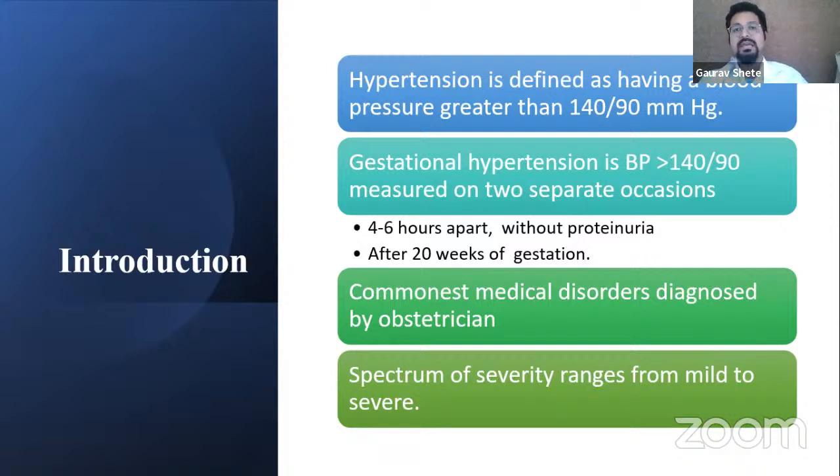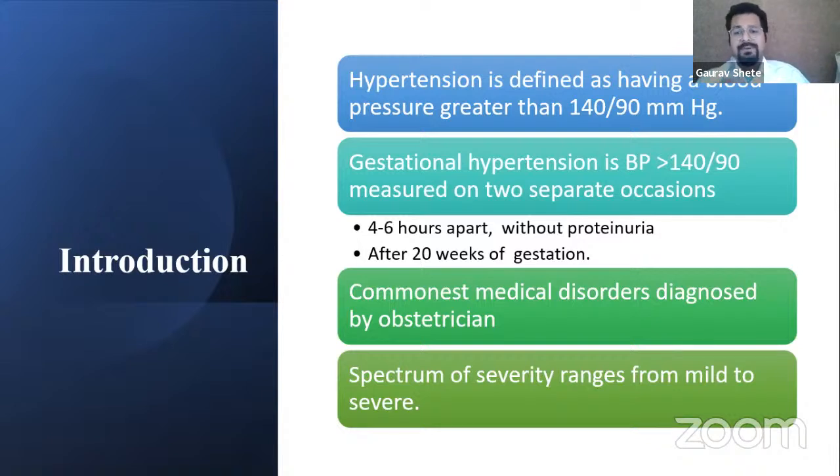We have to be very careful about the timing of delivery, or the complications that the raised BP might cause, because one of the severe complications is eclampsia, and eclampsia by itself means a bolt of lightning. It comes as a flash. It doesn't give you any warning. So if the BP in a pregnant lady is not well controlled, it might lead to severe complications like eclampsia and even maternal and fetal death.